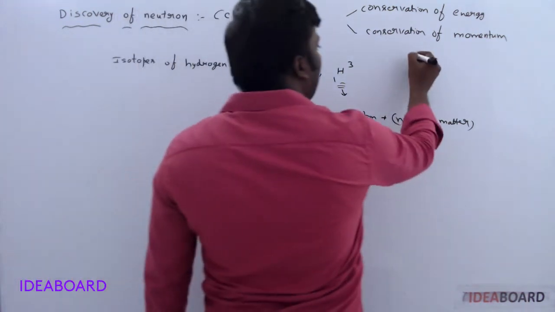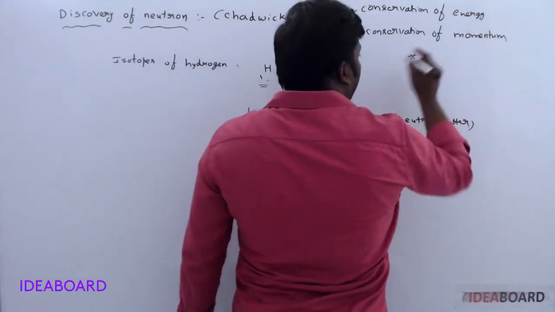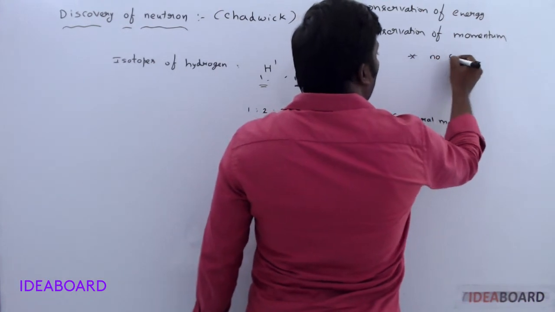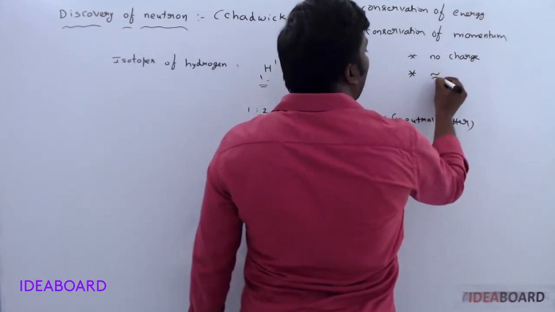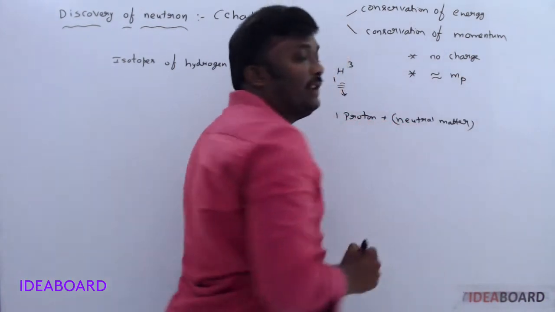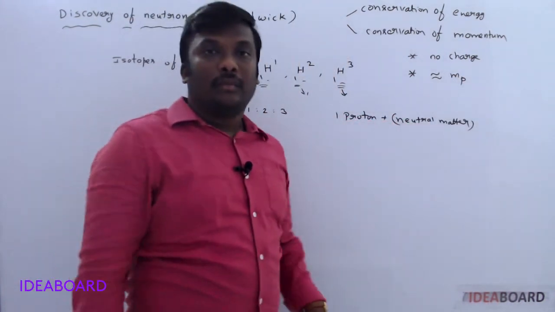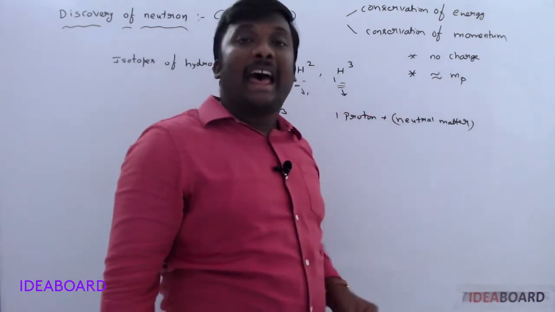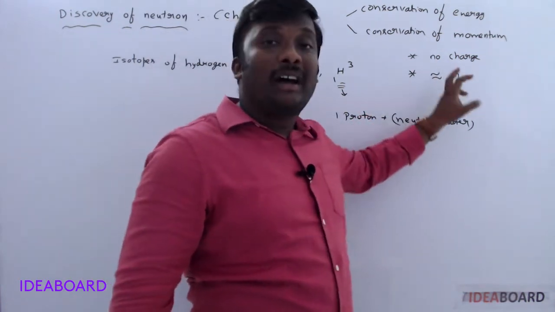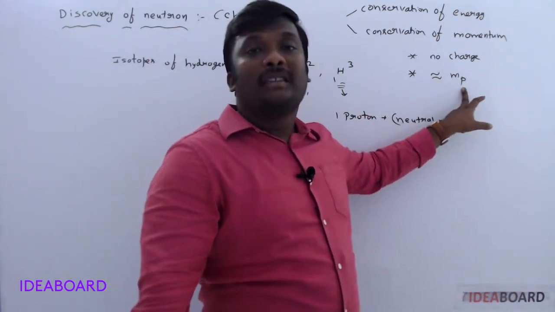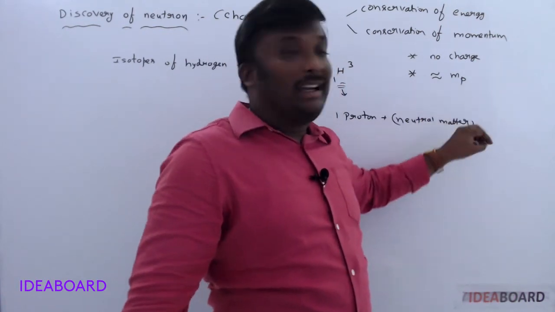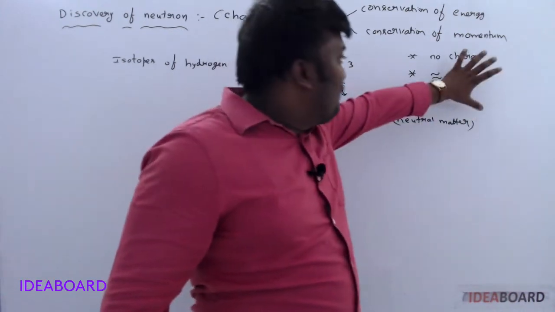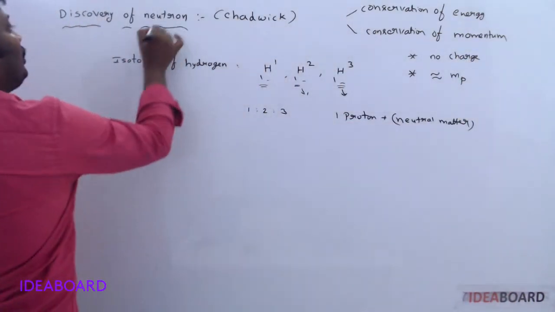They have no charge and their mass is nearly equal to the mass of the proton. He found this experimentally, and he named this particle neutron.